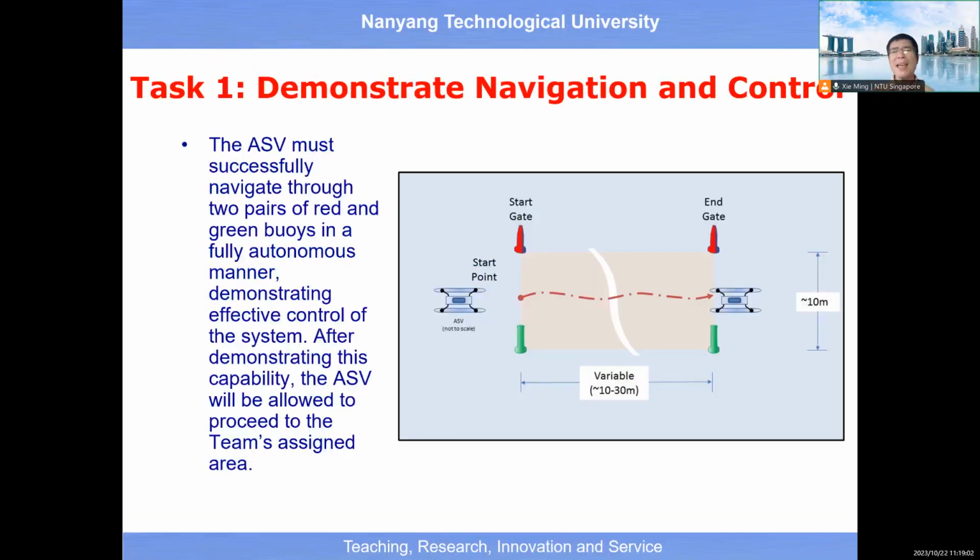There are many challenging tasks for an autonomous surface vehicle to undertake. For example, passing through two designated gates, right? You have an entry gate and an exit gate. So let the vehicle autonomously travel from the entry gate and exit from the end gate.